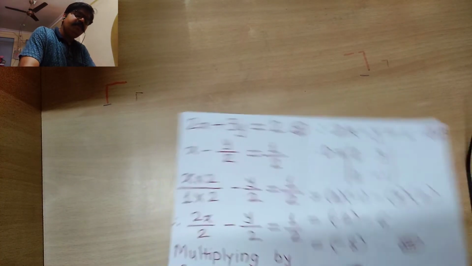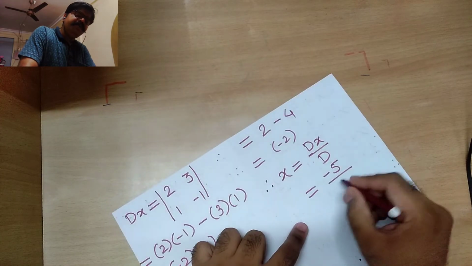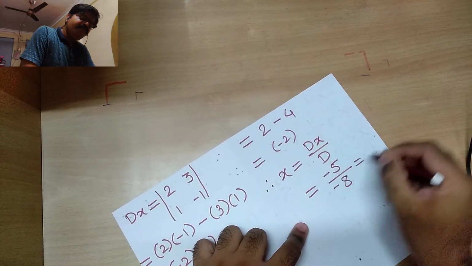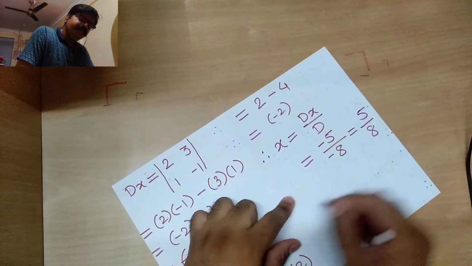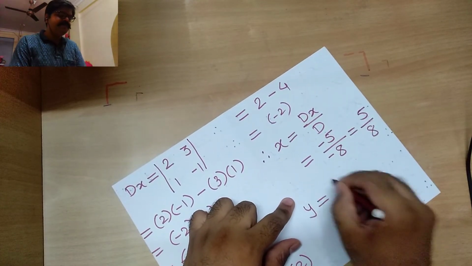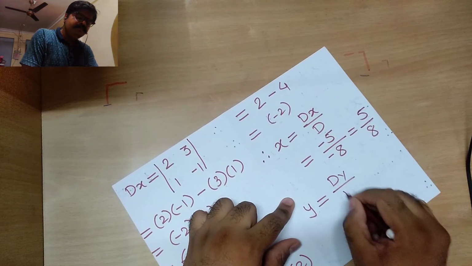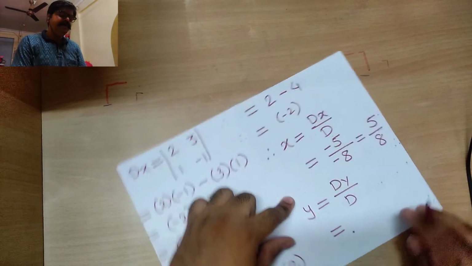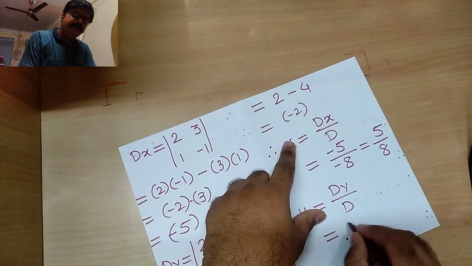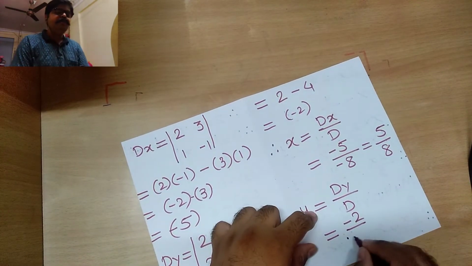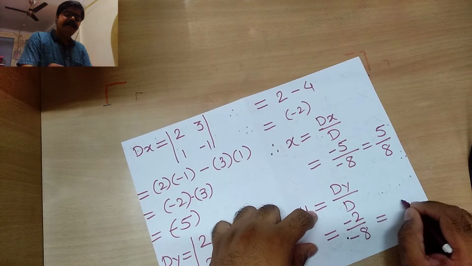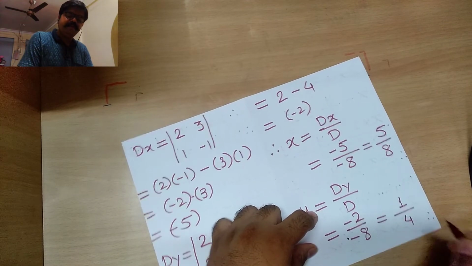Therefore answer for x will be 5 divided by 8 and y will be equal to dy divided by d. dy's value was minus 2 divided by d. d was minus 8. Therefore it should be equal to 1 divided by 4. So this is how we have got x value and y value.